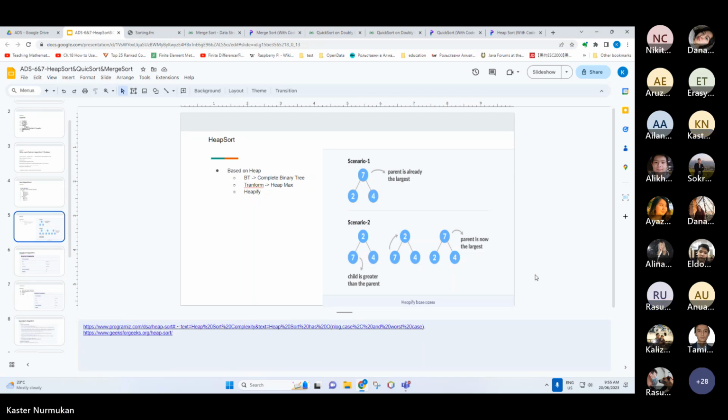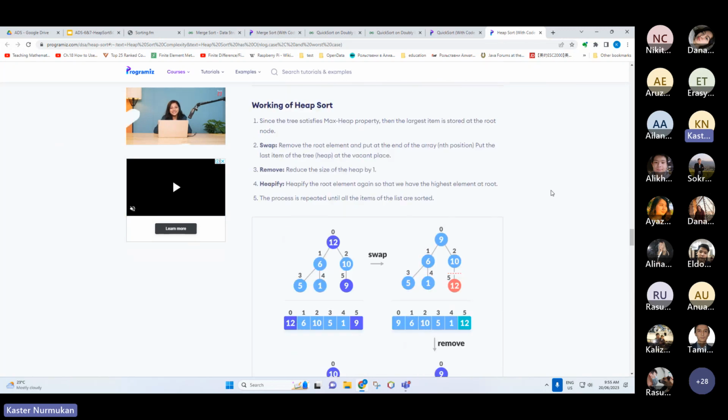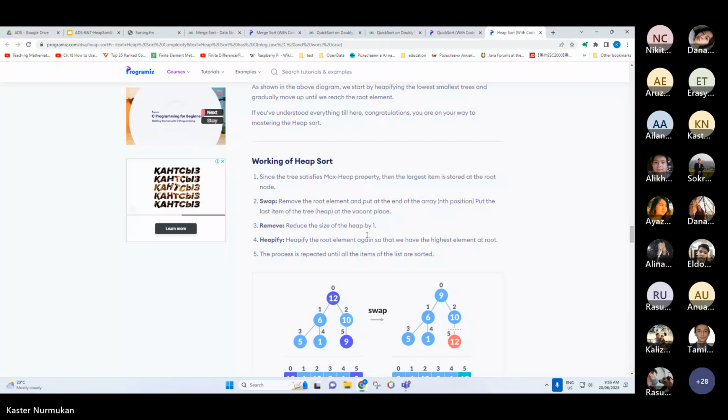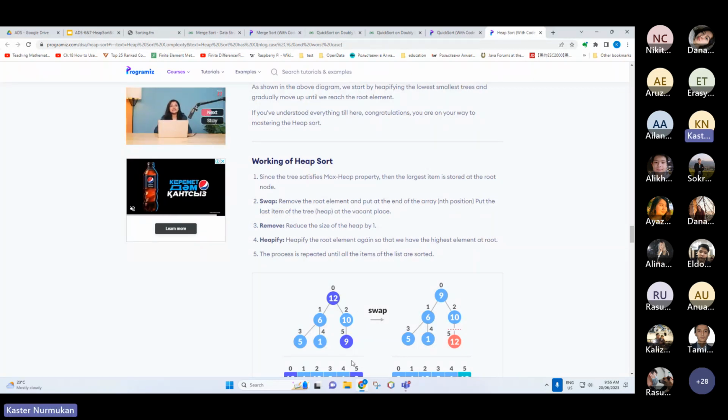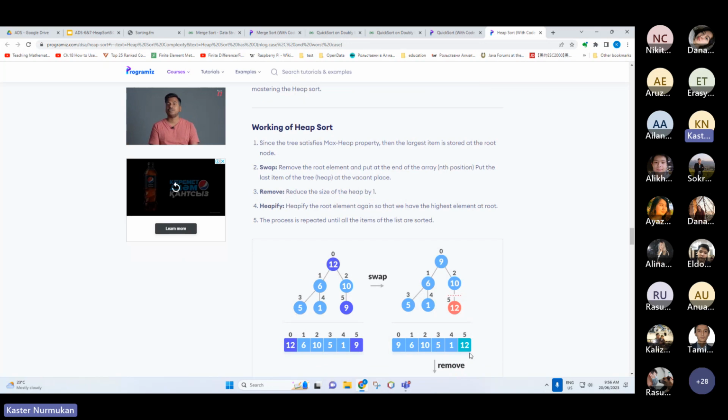The Heapsort algorithm introduces these processes: swap the root with the last node, then remove it. But before the remove, you need to put it in the array's last element.